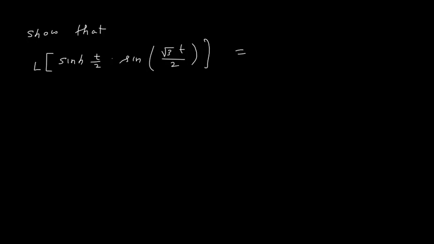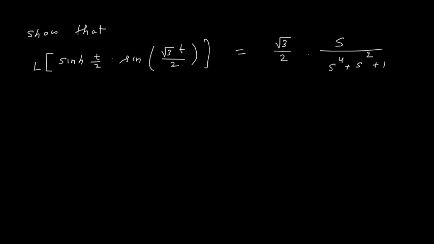The problem is: show that Laplace of sine hyperbolic t by 2 into sine root 3 t by 2 is equal to root 3 divided by 2 into s upon s power 4 plus s square plus 1.